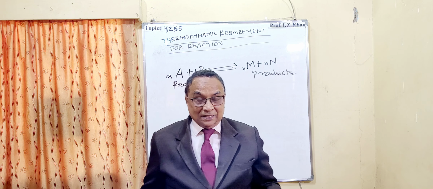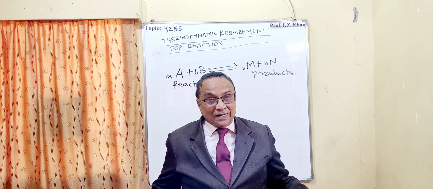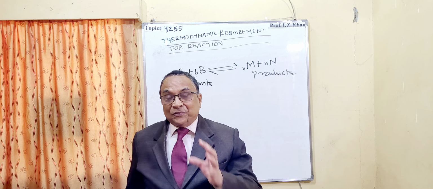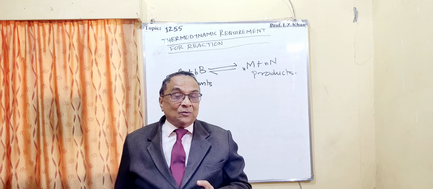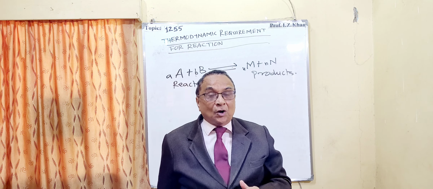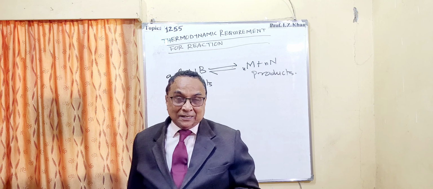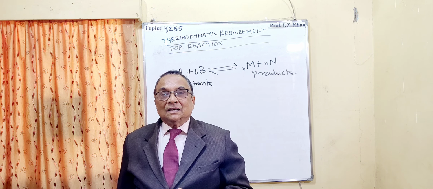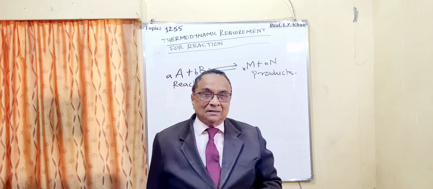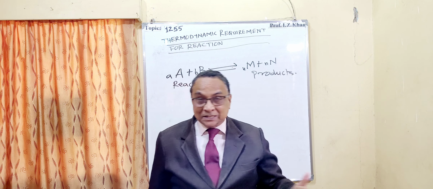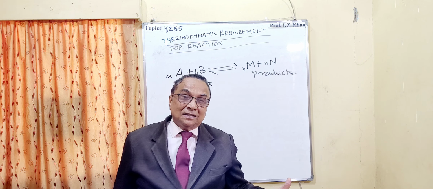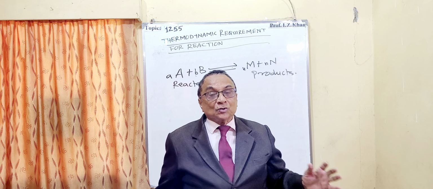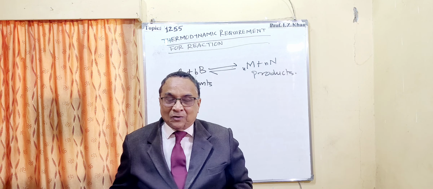Then free energy, that is called Gibbs free energy. That free energy will determine whether the equilibrium will shift or not. If Gibbs free energy is minus, there will be more product formation. If it is plus, it means the reaction will go in reverse towards the left side, the reactant. All these factors I am going to give one by one.